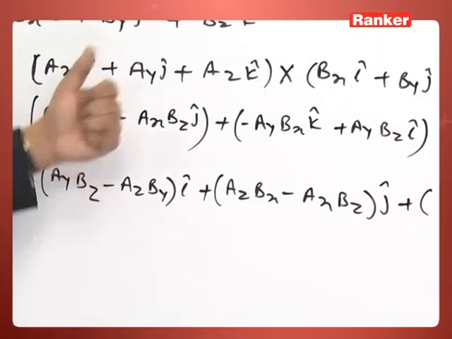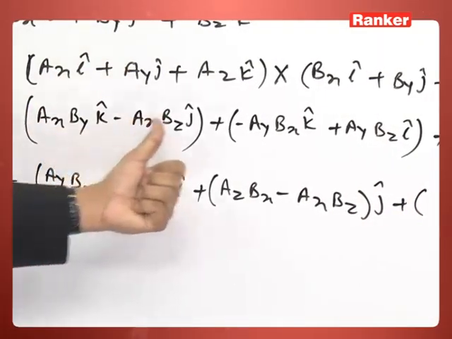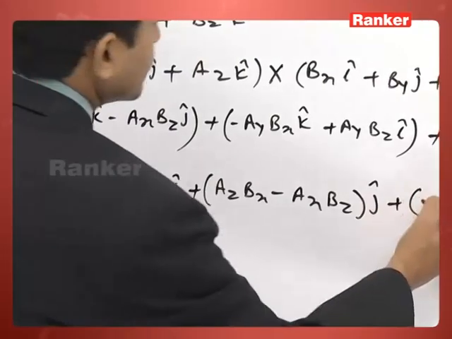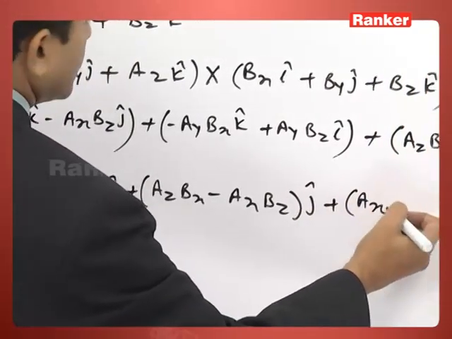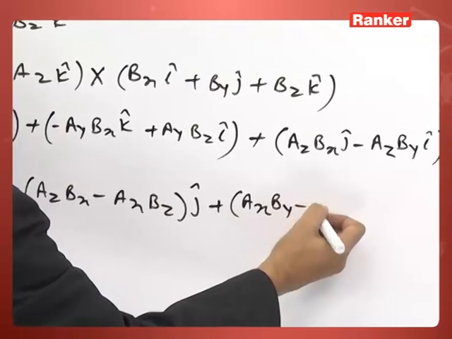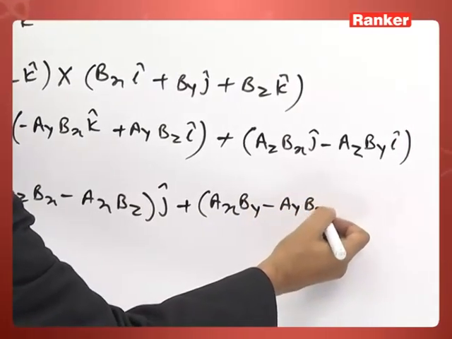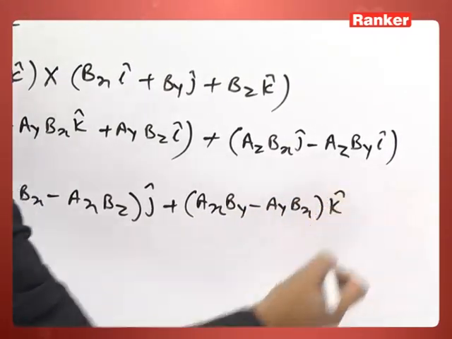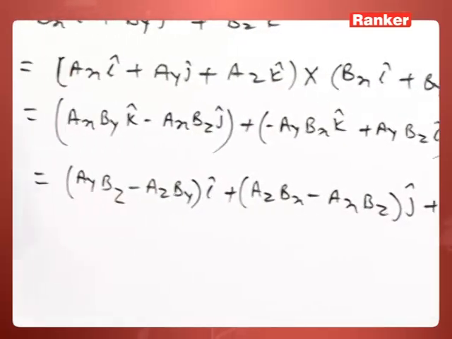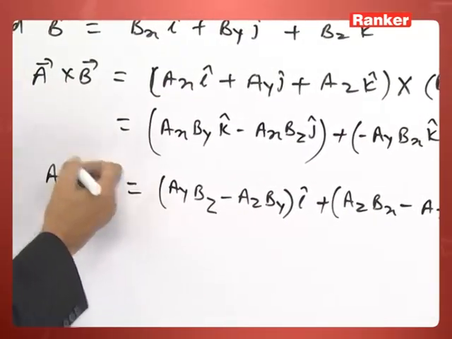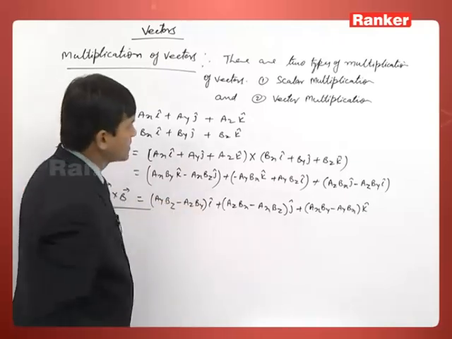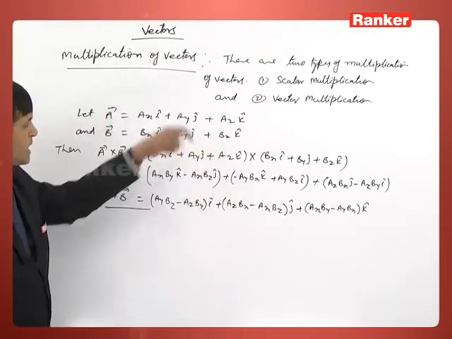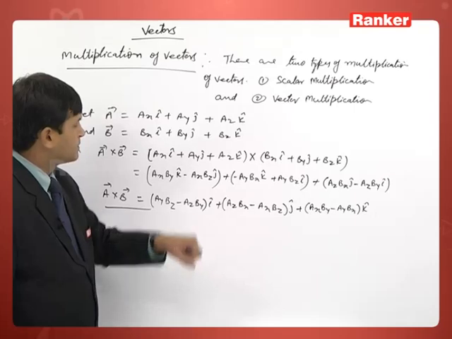Here ax by, here minus ay bx, so ax by minus ay bx k cap. So in fact this is the answer of A cross B. So A cross B can be expressed in this form.